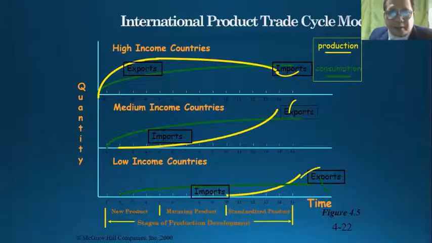So today is the election, no? Presidential election in the United States. So for the middle countries, they are more into consumption. They do import, and they have a little to medium production for export, no?